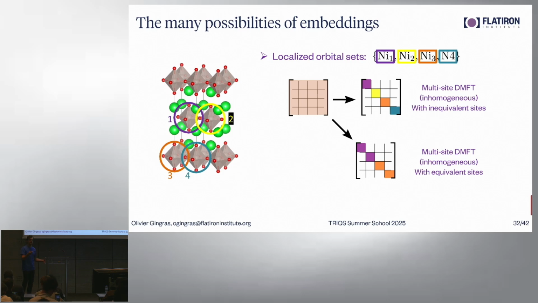I want to treat them as the same atom. I don't need to solve the yellow one if I solve the purple one, because by symmetry it's the same. So if I know how to transform, I just need to do one. This is something I can do also. I can do the same kind of multi-site DMFT, but in a homogeneous way, now with equivalent sites.